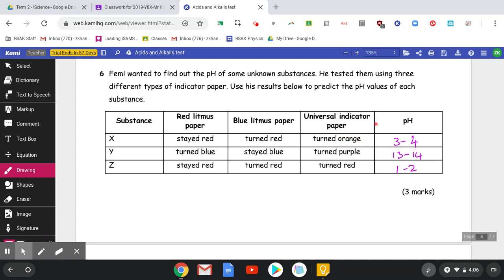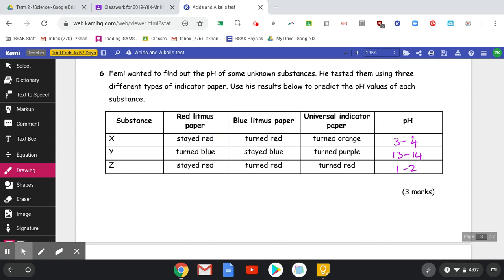And universal indicator has 14 different colors. Red if it's an acid, purple, blue if it's an alkali, and then the colors in between. So if red litmus paper stays red, blue litmus paper turns red, and universal indicator turned orange, this indicates that it's an acid.